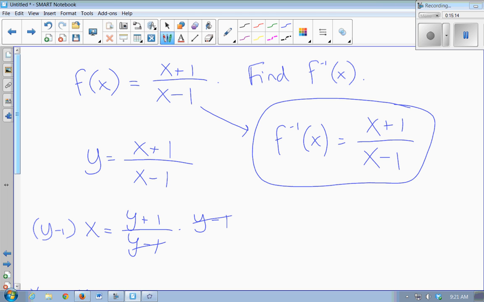Yeah, so this is an interesting function because it is its own inverse, right? What do you know about the graphs of inverse functions? Symmetric about the line y equals x. So let's look at this graph of f of x.